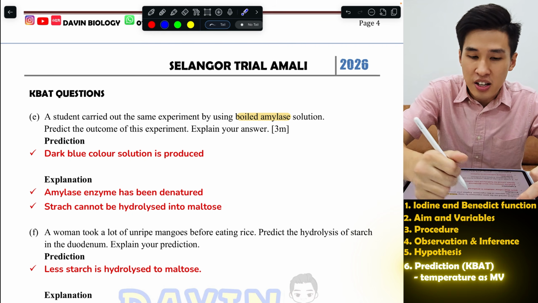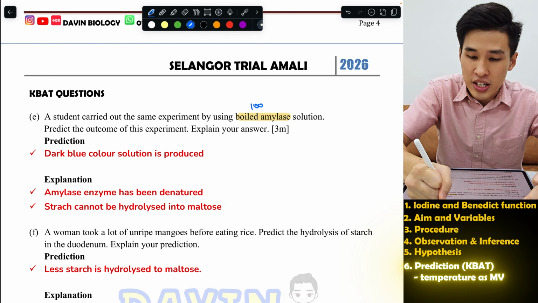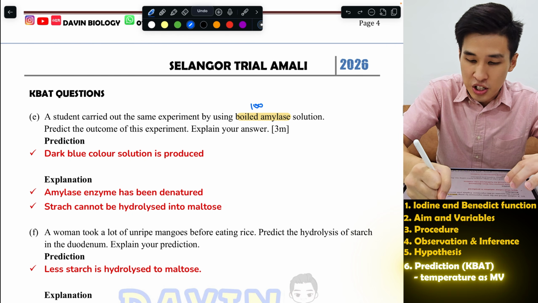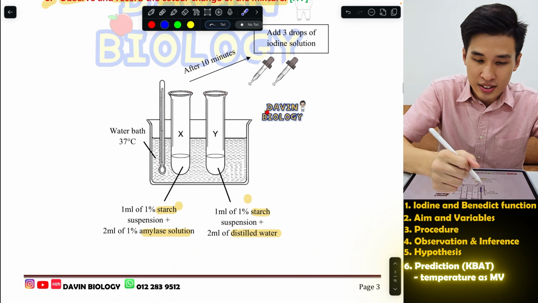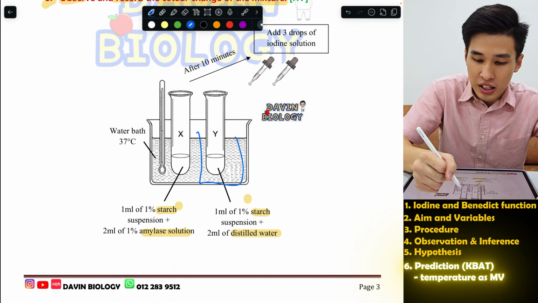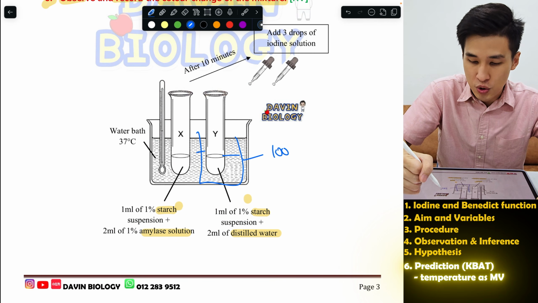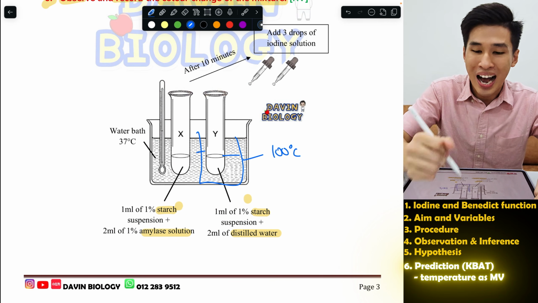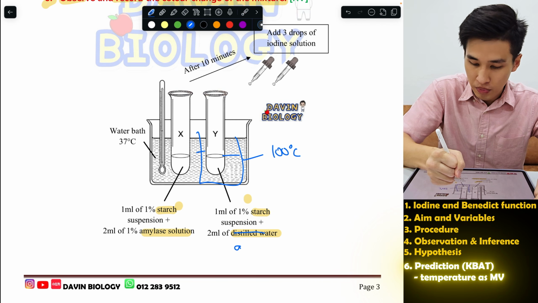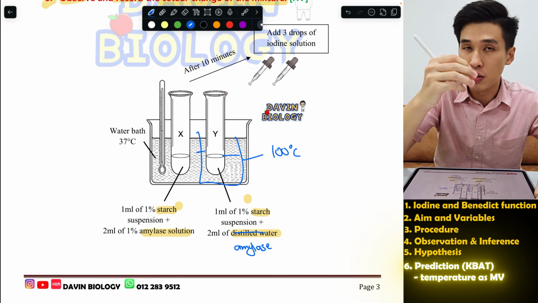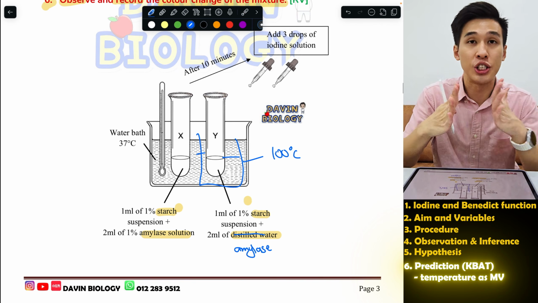So let's say they ask you to use 100 degrees Celsius amylase. So now your MV is temperature. One is at 37, and one I soak in another temperature, 100 degrees Celsius. And this one is amylase also, of course. Now 100 degrees Celsius will cause the amylase to denature.